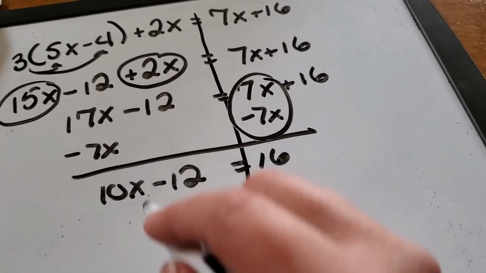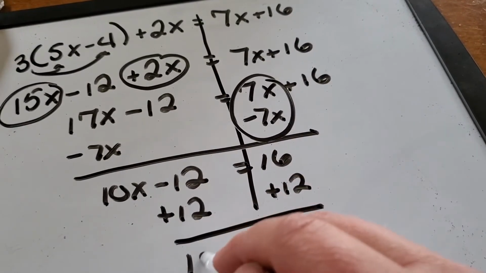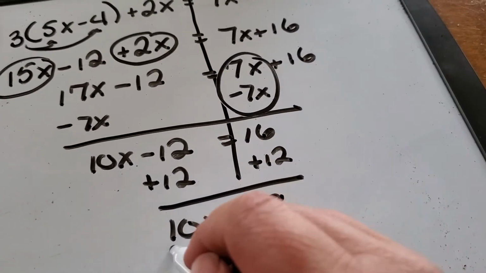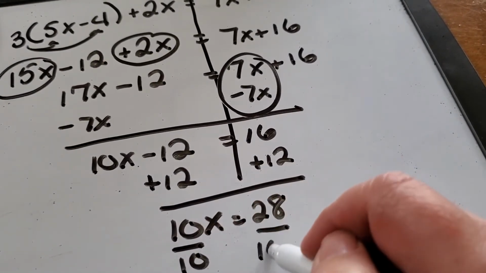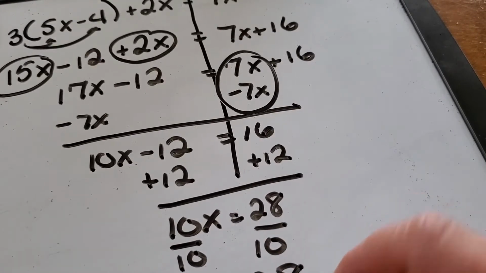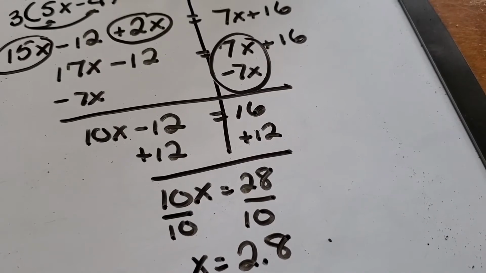Get that x alone by adding 12 to both sides. And 10x equals 28. Divide by 10. And x equals 2 8/10, or 2 4/5, if you simplify it to the fraction.